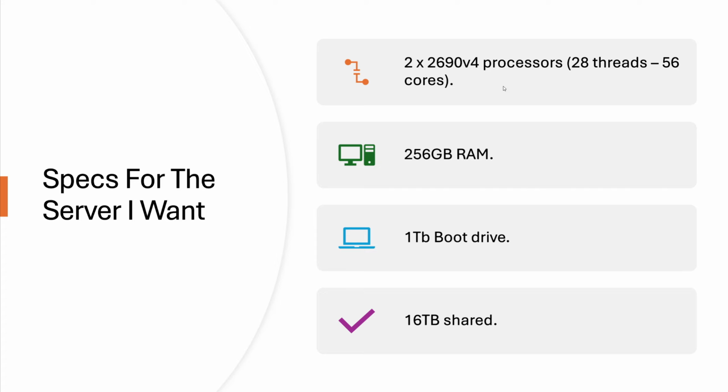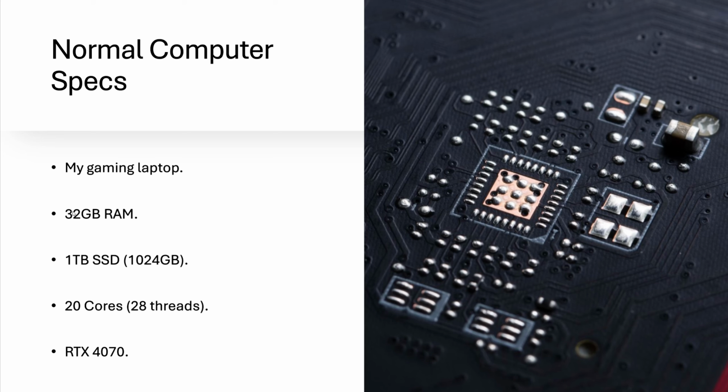One single processor has 14 cores and 28 threads. I think I wrote this the wrong way around, but regardless of that, it has 14 cores and 1 processor. If I have 2 processors, I've got 28 cores and 56 threads. The one I want again has 256 gigabytes of RAM. Remember, my gaming laptop has 32.